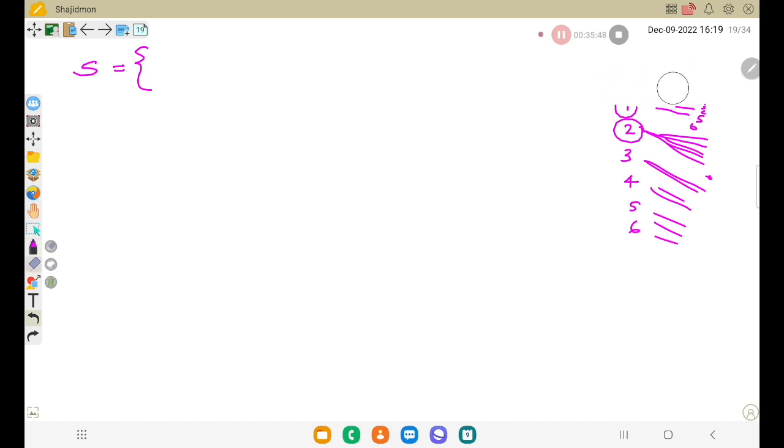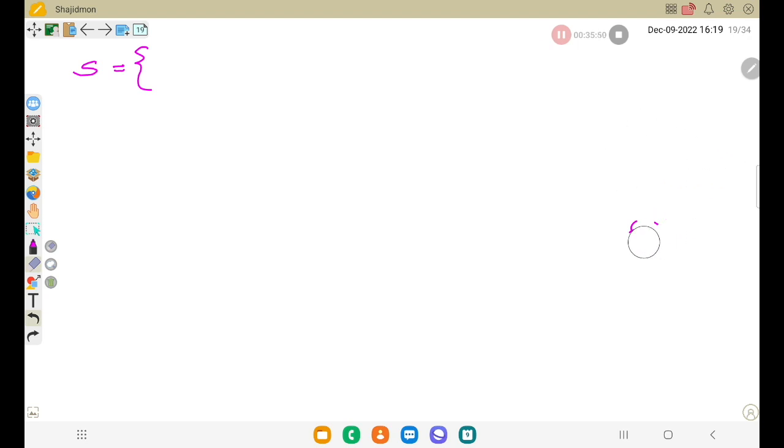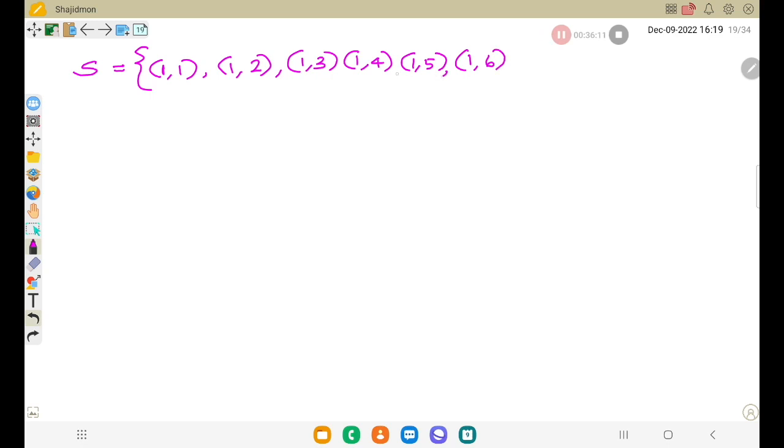We can write it one by one. First die 1, second die 1, so 1,1. Then 1,2, 1,3, 1,4, 1,5, 1,6.